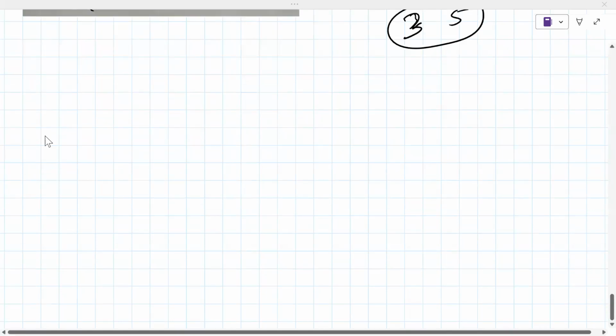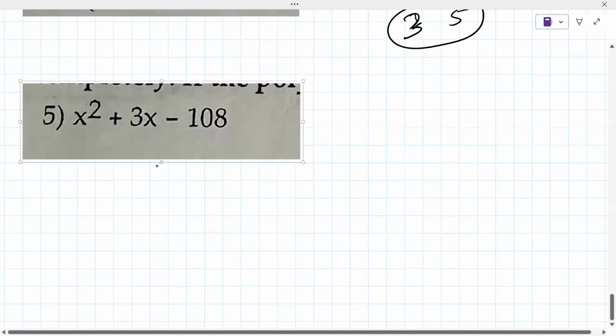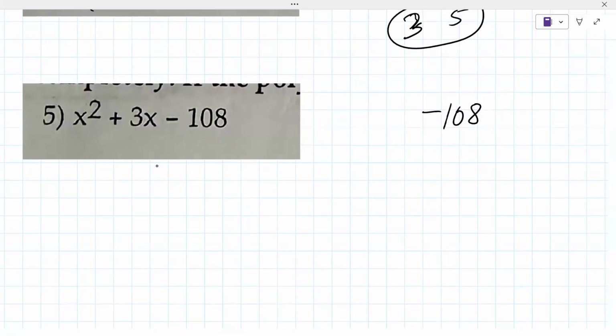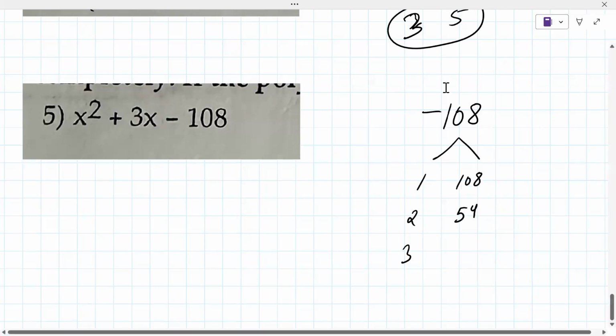Okay, so let's look at number 5. Negative 108. And remind me, are you allowed to use a calculator? Yeah, I am. Okay, this is where a calculator really could help. We know that 1 times 108 works, 2 and 54 work. Can you take 108 and divide it by 3? 36.